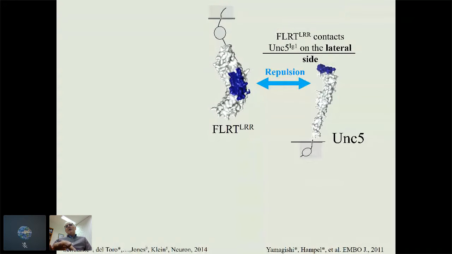And the reason why Elena looked at this is because previously, in this paper here that appeared in the EMBO Journal, we had found that the FLRTs are actually ligands for UNC5, and this is one way for them to mediate repulsion in trans. So when a FLRT cell engages with another cell that expresses the UNC5 receptor.